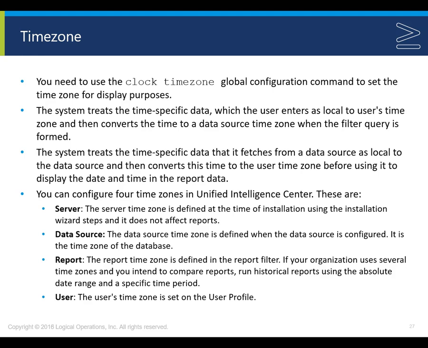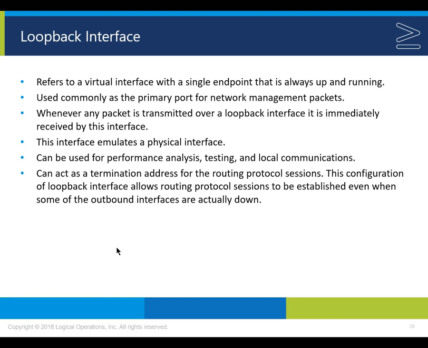It's going to have multiple time zones: the time zone for the server it's running on, for the data source if it doesn't come from the same time zone, for the report, and for the user. All of this may be in different time zones, and the objective is to bring everything into a common time. The multiple time zones have to be interpreted. We use the clock timezone command, and you can set the time zones there.